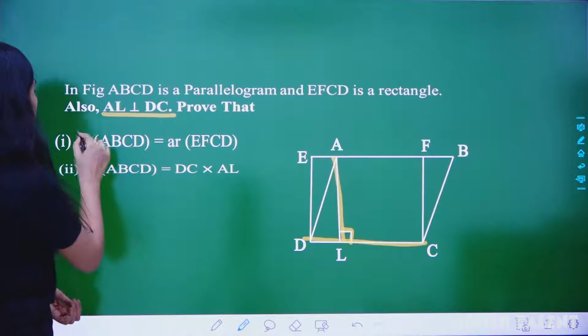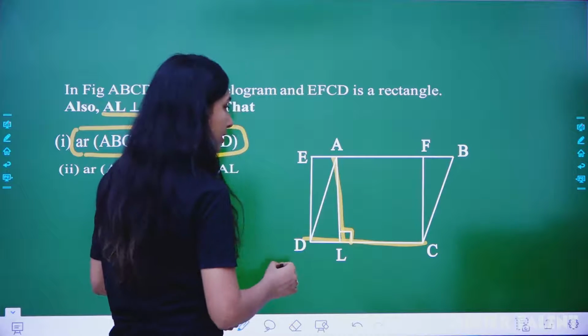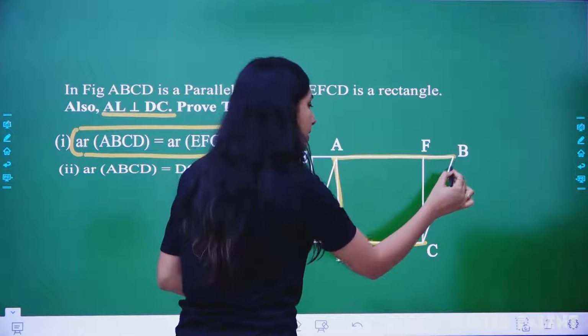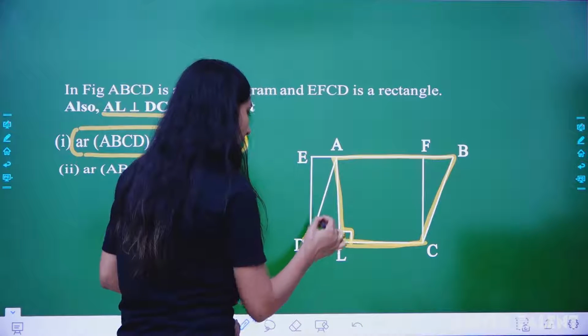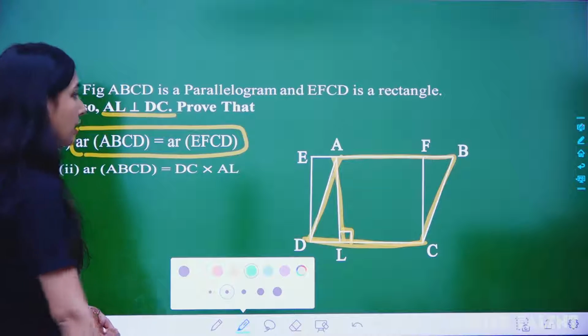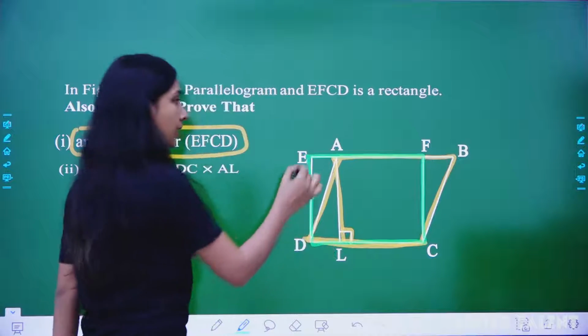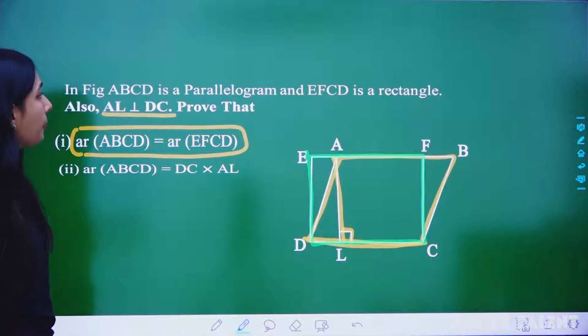Now we have to prove that area ABCD is equal to area EFCD. Area ABCD is this area, and this needs to be equal to the area EFCD, this area.